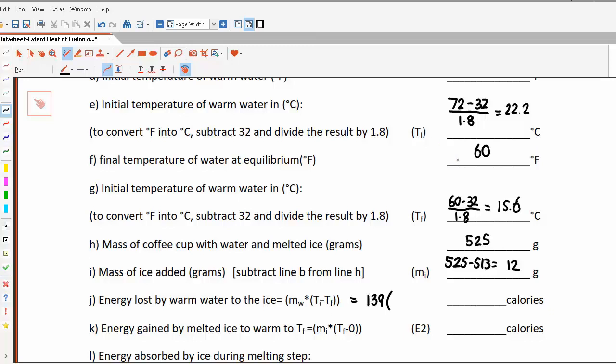So my initial temperature in centigrade was 22.2 and my final temperature in centigrade was 15.6. So the energy loss by the warm water to the ice was equal to 917 calories.